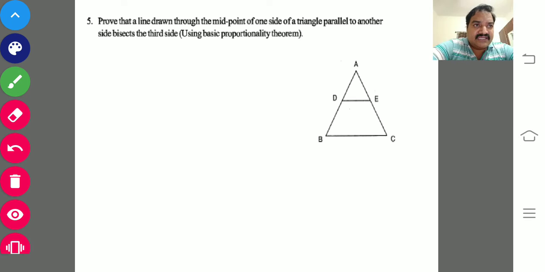Yes, the question is: prove that a line drawn through the midpoint of one side of a triangle parallel to another side bisects the third side.